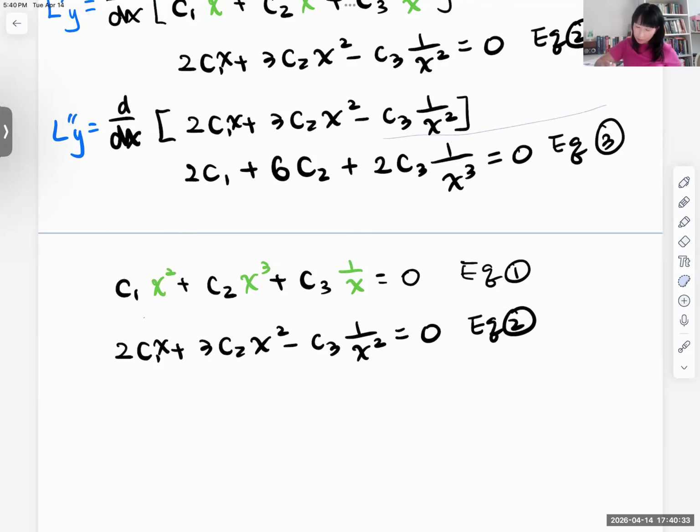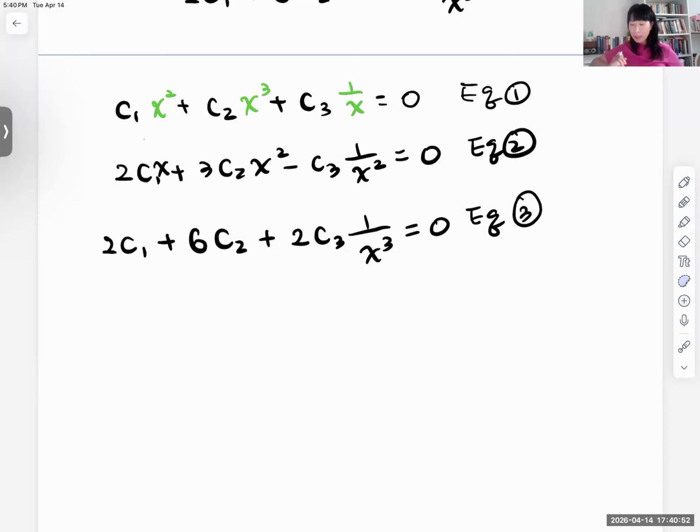So let x equal 1. We don't want to pick x equal to 0 because we want to show the trivial solution on an open interval, so we have a negative part and a positive part. So let x equal 1. Pick any number, but 1 is always easy.